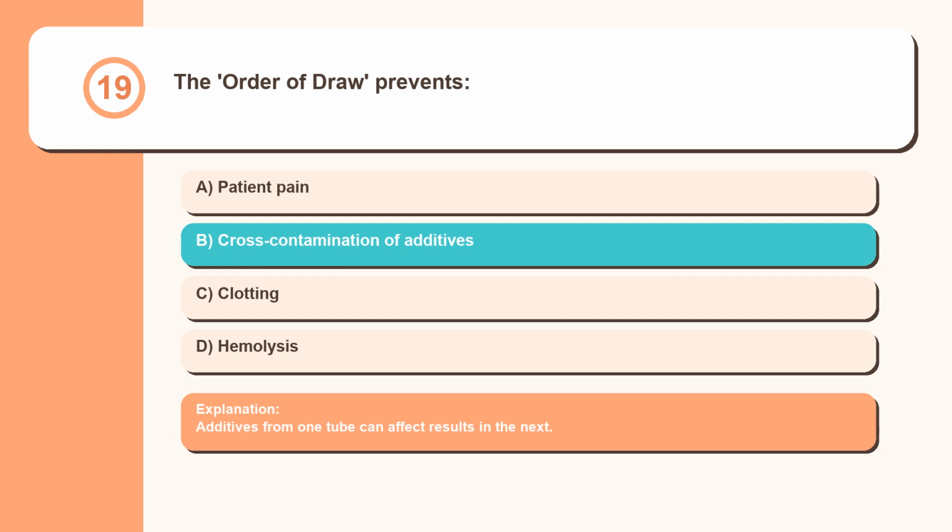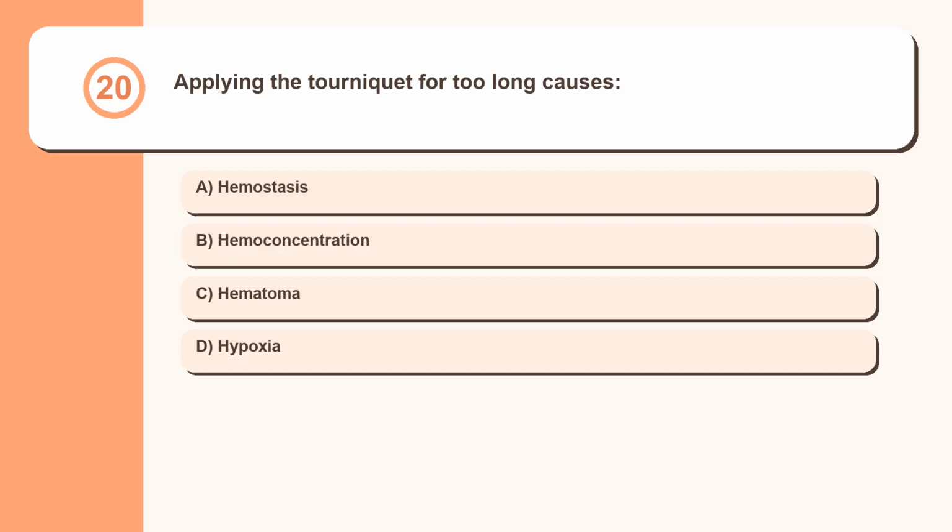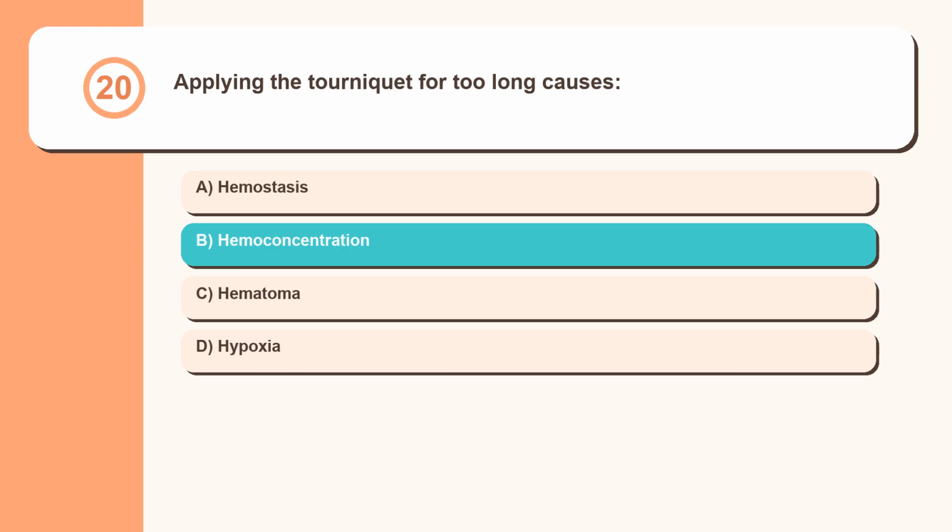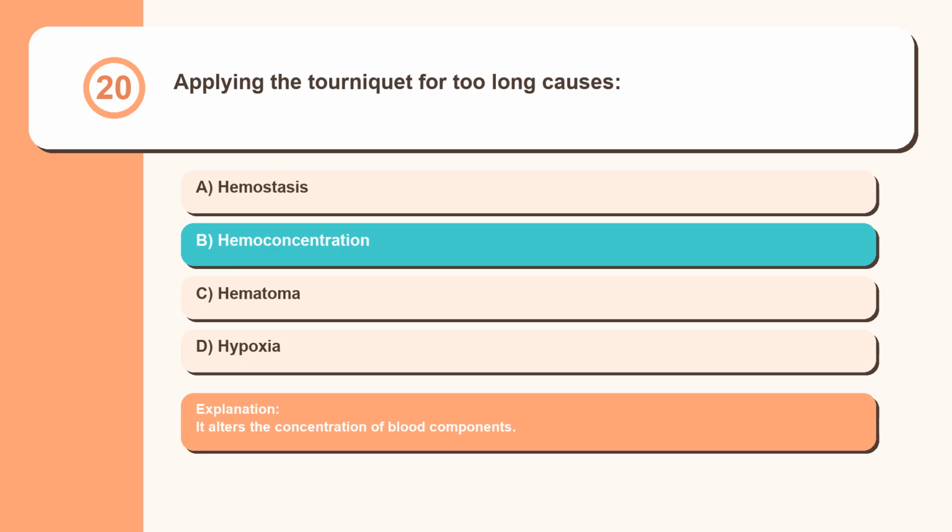Additives from one tube can affect results in the next. Question 20. Applying the tourniquet for too long causes: hemostasis, hemoconcentration, hematoma, hypoxia. It alters the concentration of blood components.